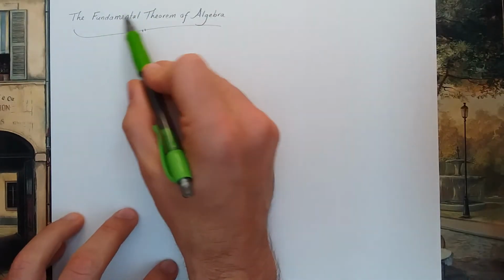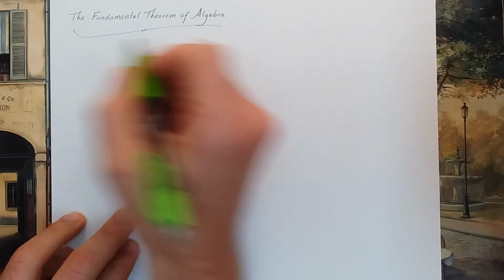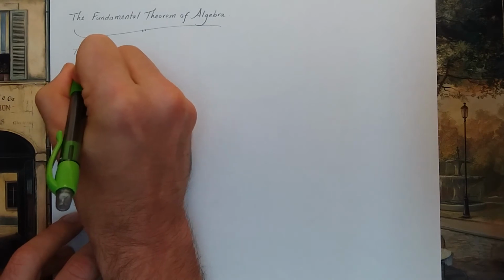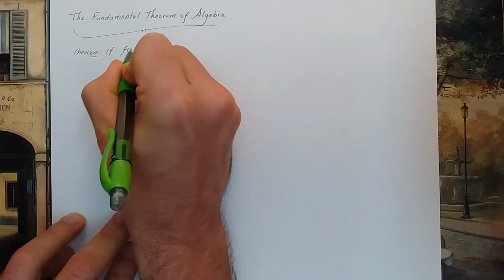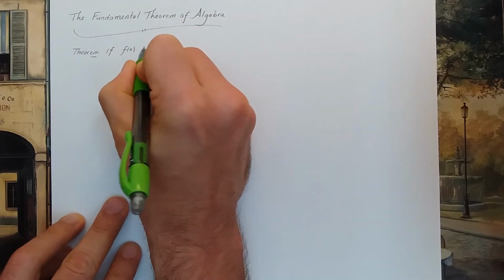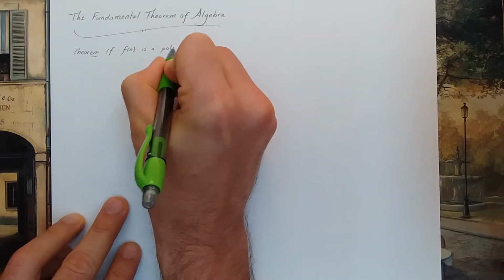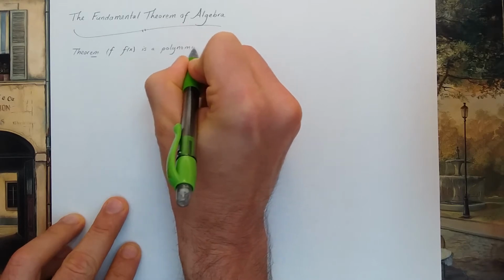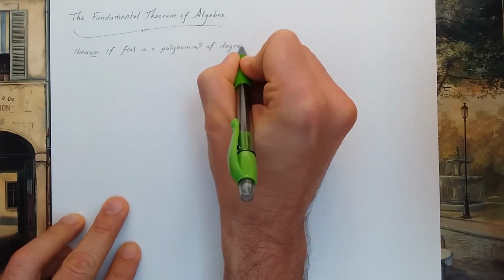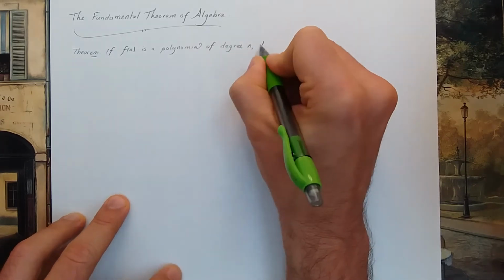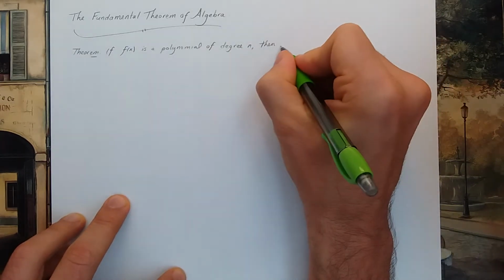Let's think about the fundamental theorem of algebra. It says the following. If f of x is a polynomial of degree n, then you could actually write f in a special form.